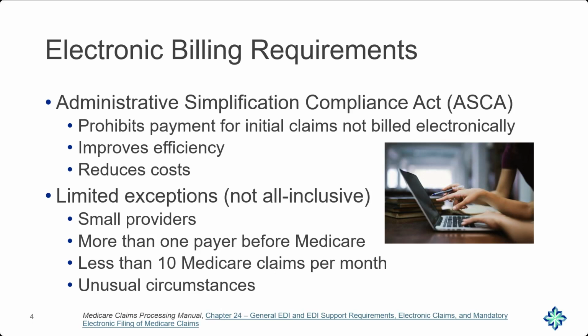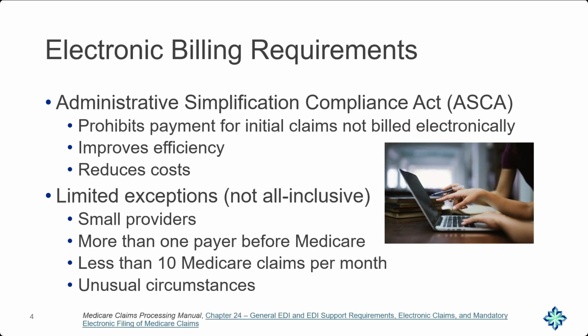As you learn more about Medicare, you know that we outline what the regulations are, and then we tell you what the exceptions are. There are usually exceptions to that. And these are limited, and we're going to talk about those. The main exception to electronic billing requirements is small providers.